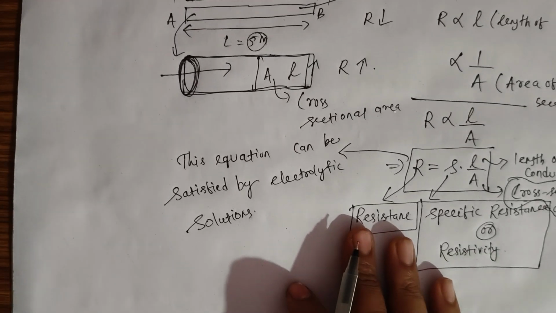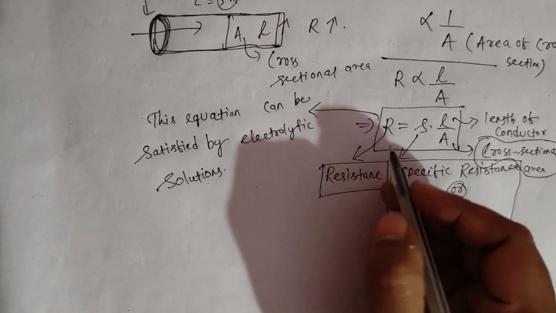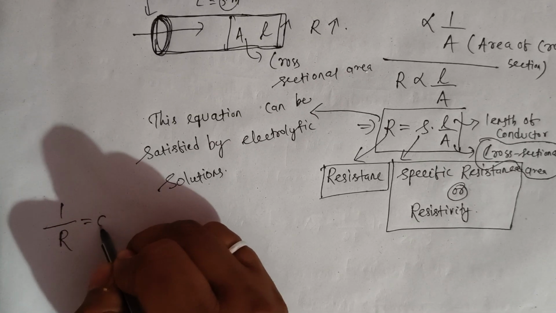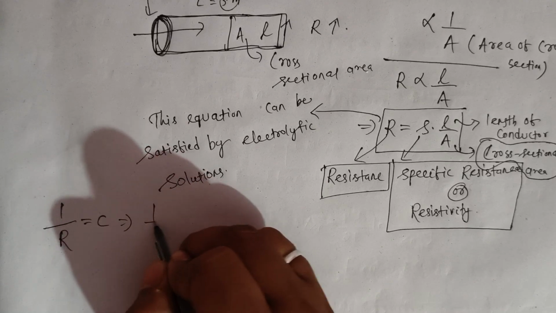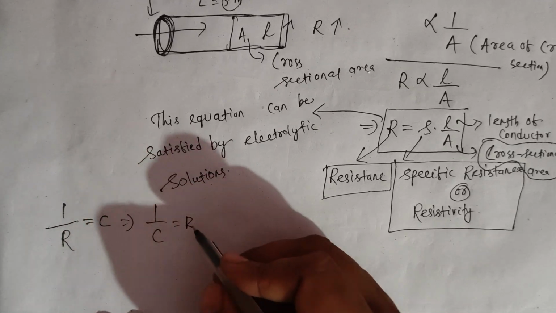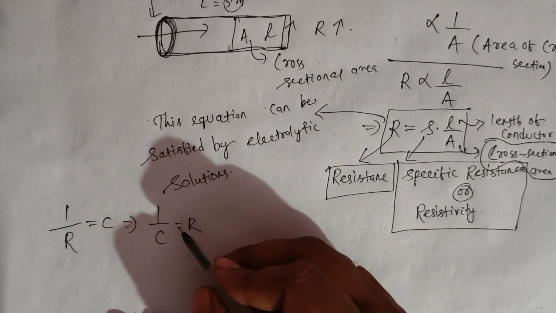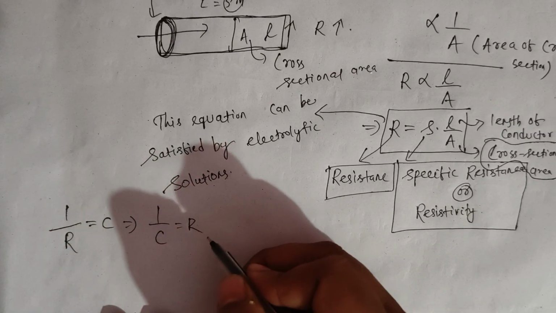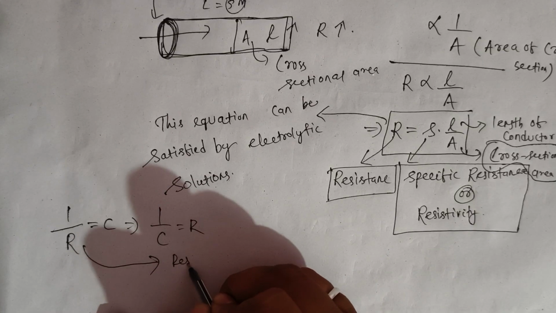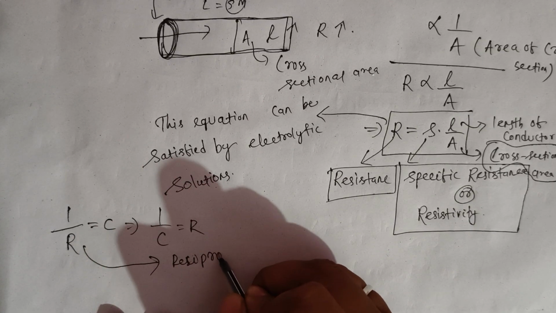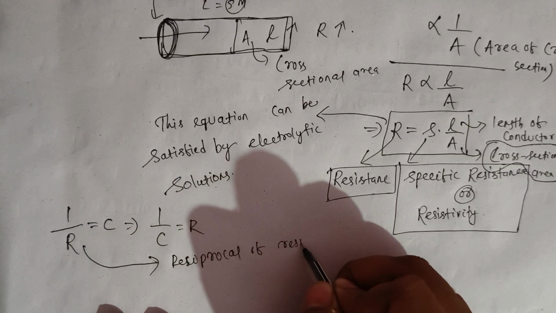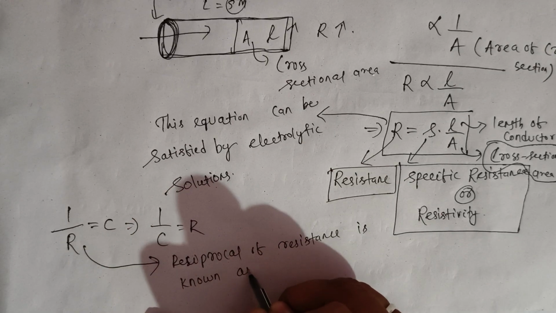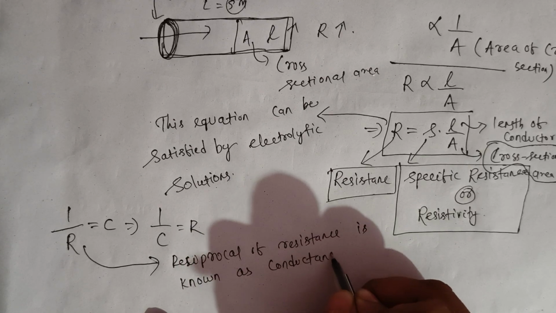The reciprocal, 1 by R, is called conductance, or we can say 1 by C is equal to R. That means the reciprocal of conductance is called resistance.